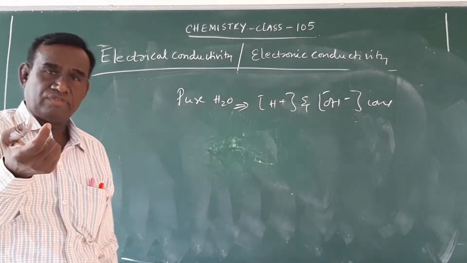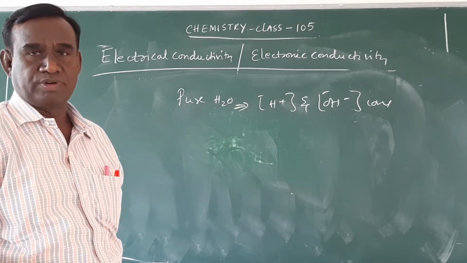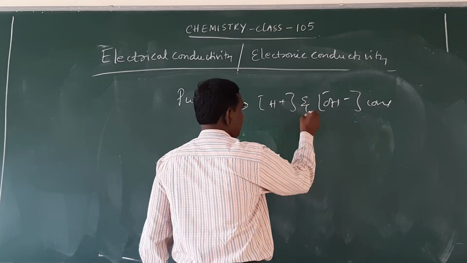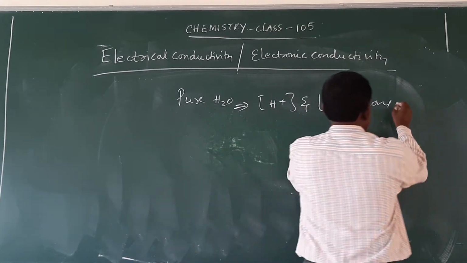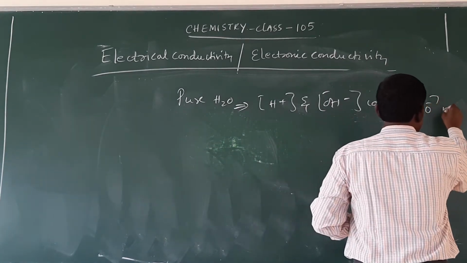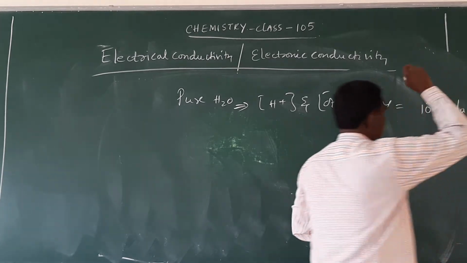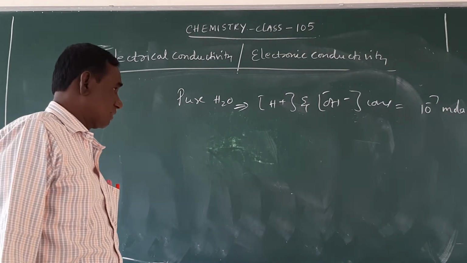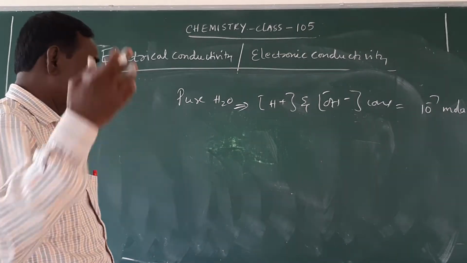What is the conductivity of H plus ions and OH minus ions? You know this in the first year itself. The H plus and OH minus ion concentrations are both equal to 10 power minus 7 mole per dm cubed.